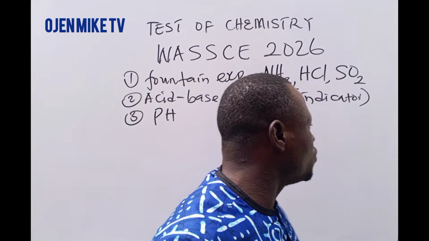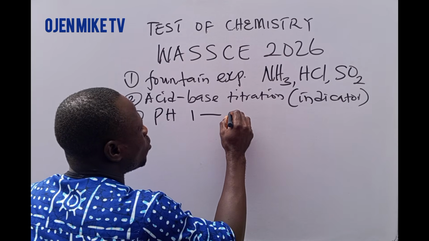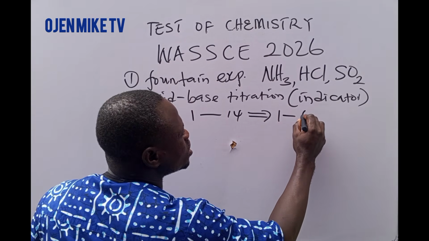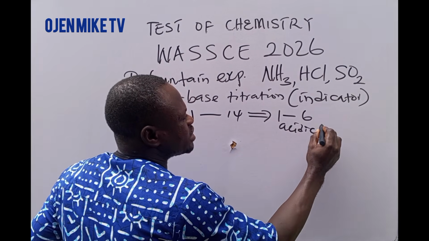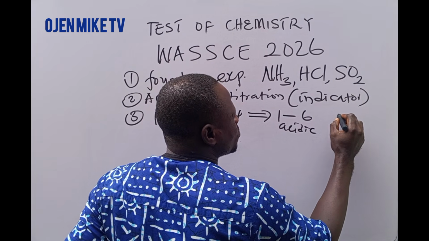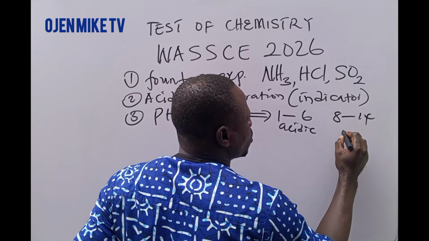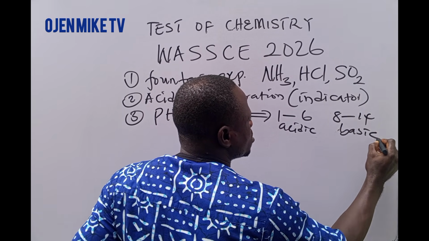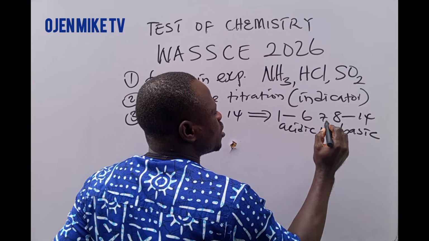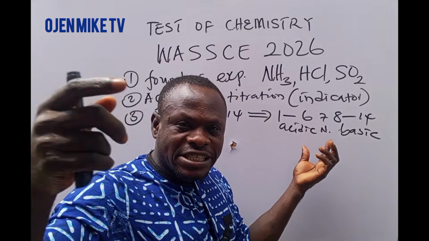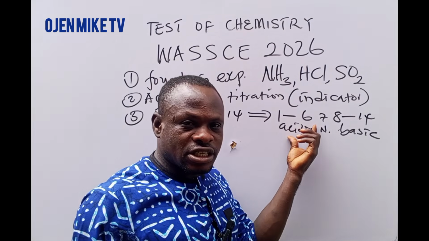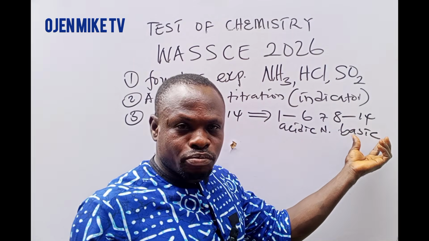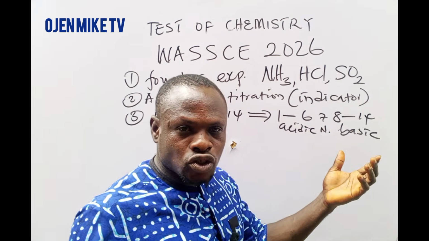Remember, the pH value ranges from 1 to 14, and from 1 to 6 is acidic, and from 8 to 14 is alkaline or basic. Then 7 is neutral. Now, the pH of acid before titration is acidic. After titration is neutral. The pH of base before titration is basic. After titration is neutral. Just take note of it.